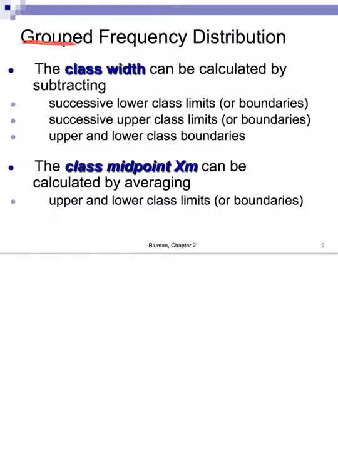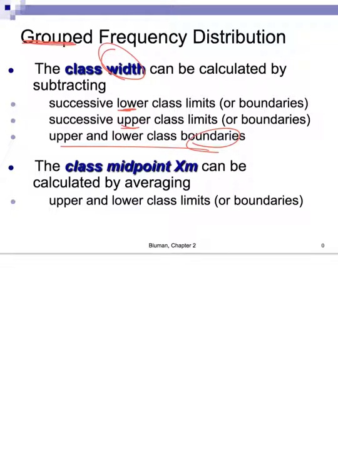Your class width is calculated by subtracting either your lower class limits or your upper class limits. Another way to look at it is you could subtract the upper and lower class boundaries, but again, not the limits. I'll go into an example with that later on.